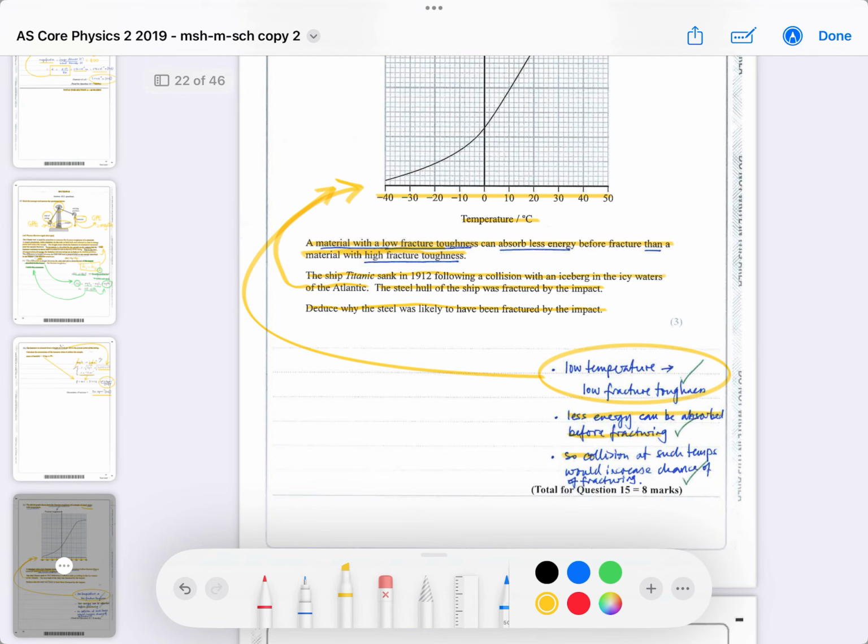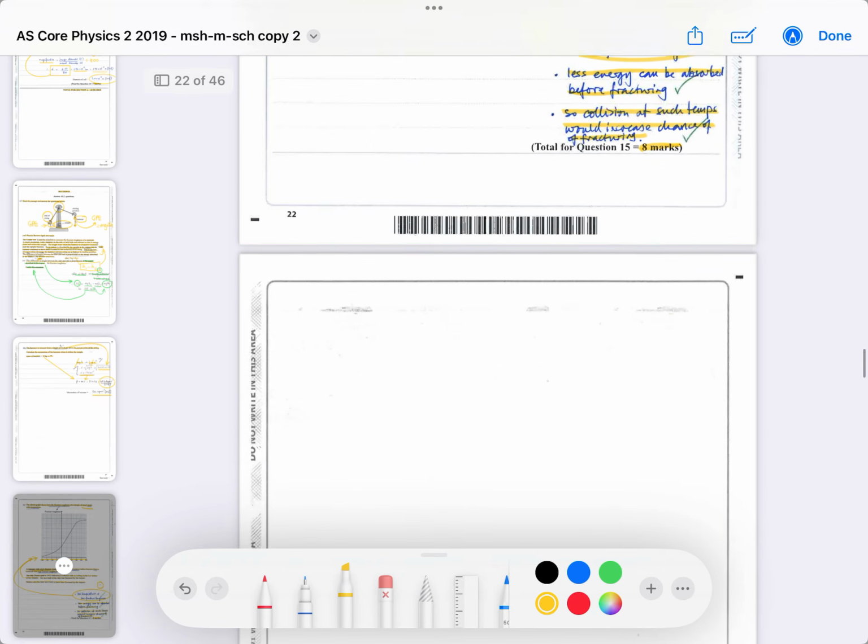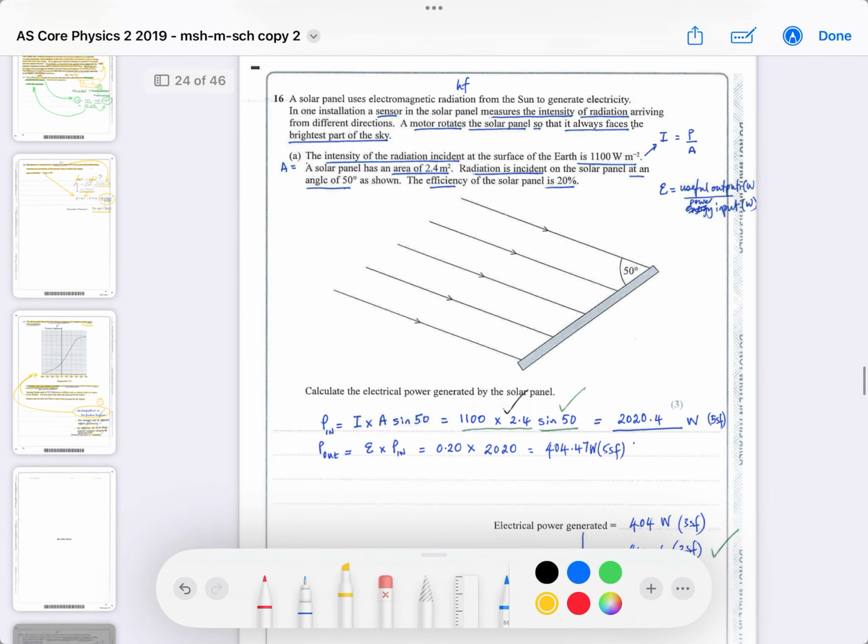So a collision at such temperatures, cold waters of the Atlantic, would increase the chance of fracturing. So would I get 3 marks? You'd have to go and see on the mark scheme for 8 marks. So section B, the first question, question 15 is done, and 8 marks later we're into the final question of this exam paper run through.